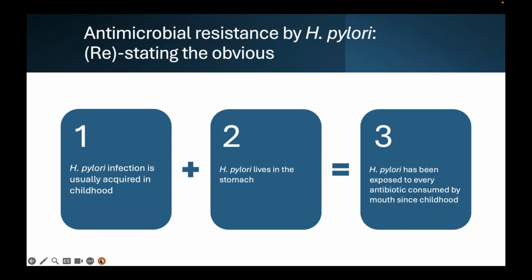Therefore, H. pylori has been exposed to every antibiotic that person has consumed since childhood. So if the patient had received, let us say, clarithromycin for a pulmonary infection some years ago, the H. pylori, of which the patient was unaware, has been exposed to clarithromycin and may well be clarithromycin resistant. Next slide, please.